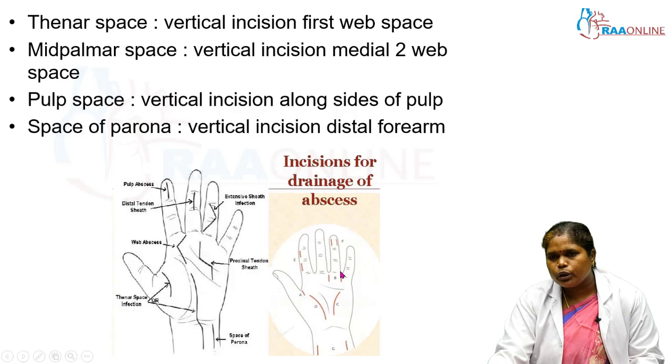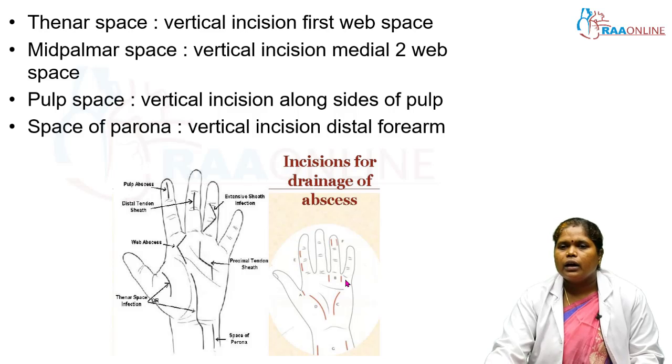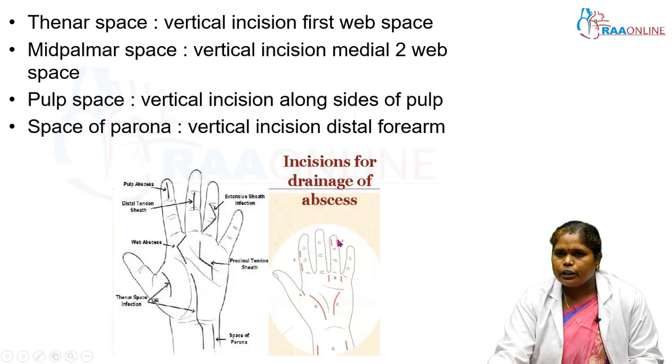If we make a vertical incision in the medial 2 web spaces, we can open up the mid-palmar space. And for the pulp space, I already told you we have to make a longitudinal incision along the distal phalanx. Okay. So, that is to open up all the compartments which are filled with pus in the pulp space.